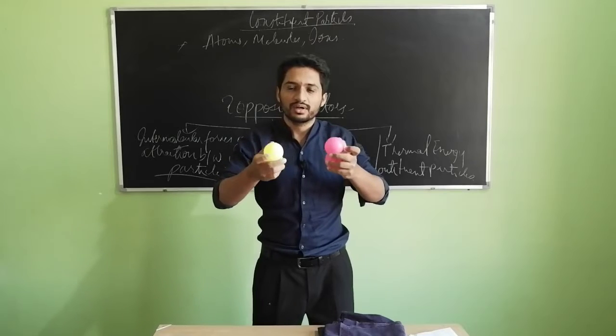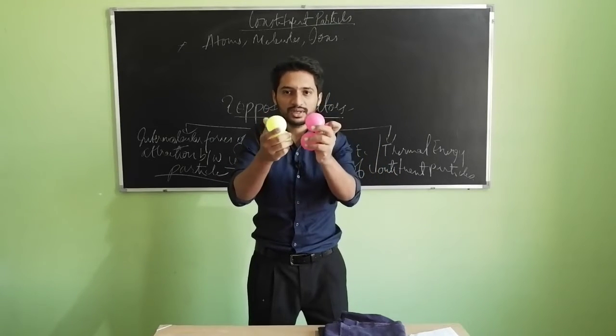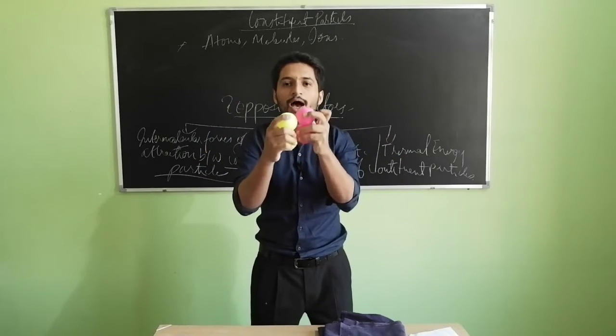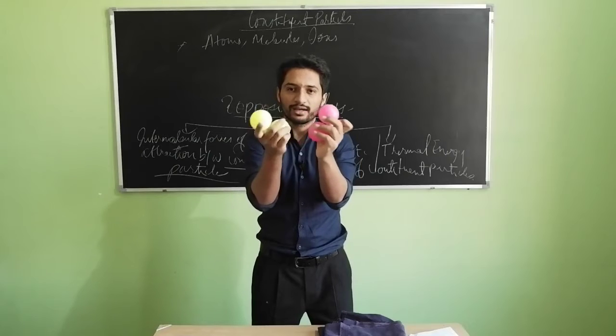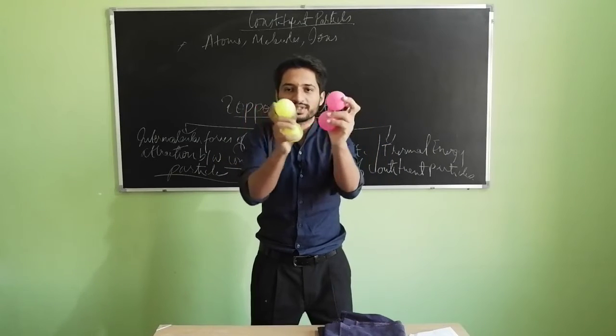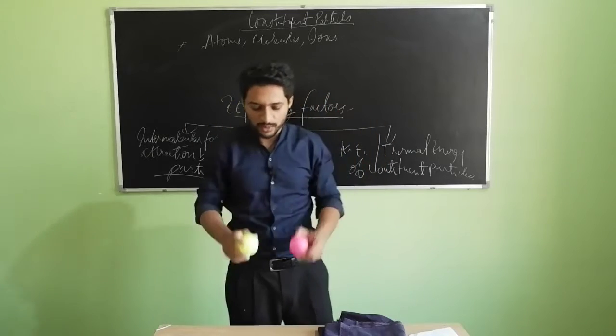Due to thermal energy, due to temperature or heat. They have their own thermal energy. So there are two opposing factors. One is intermolecular force of attraction and the other is the kinetic energy, or the thermal energy, which makes them move apart because it gives them motion. These are the two opposing factors which are responsible for the state.